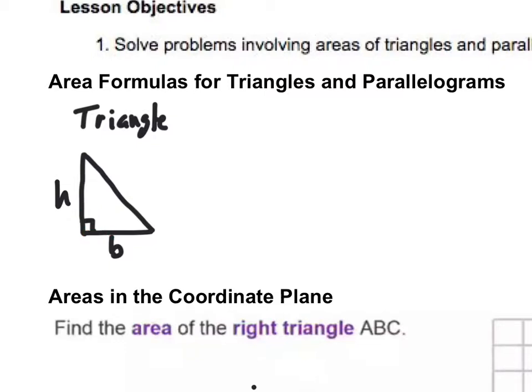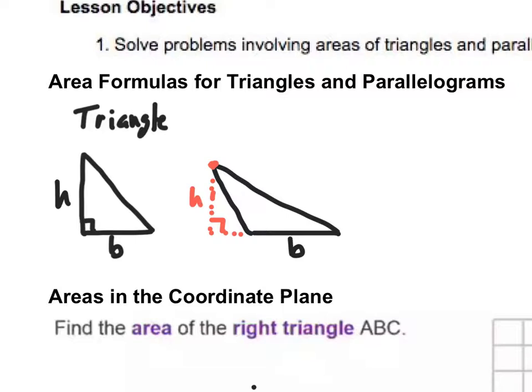Let me draw a couple others that might not be as apparent. This distance right here is my base. The distance from the very top to the bottom base, the imaginary length there, is my height.